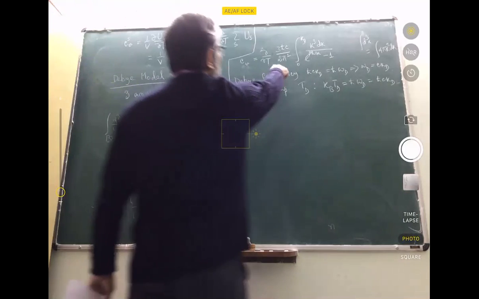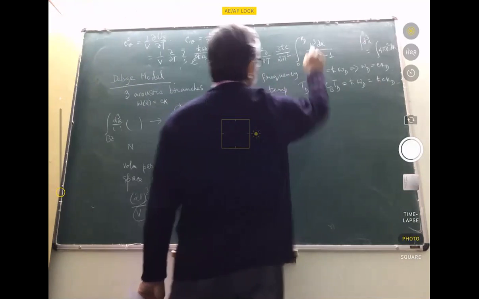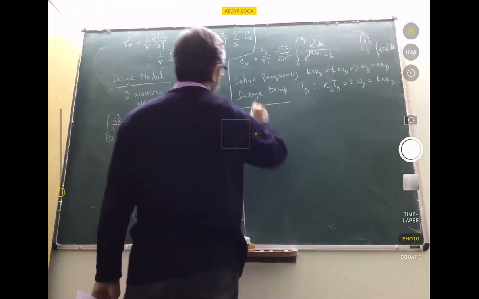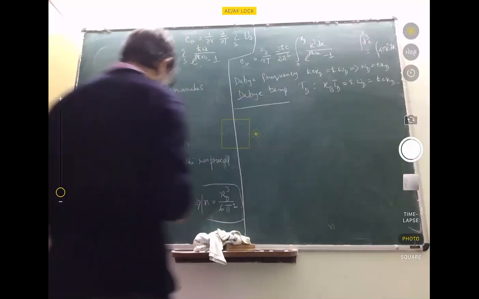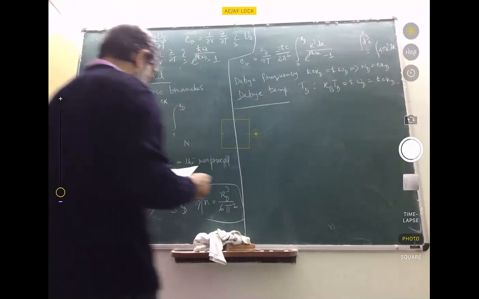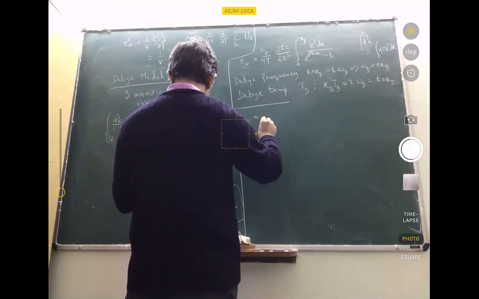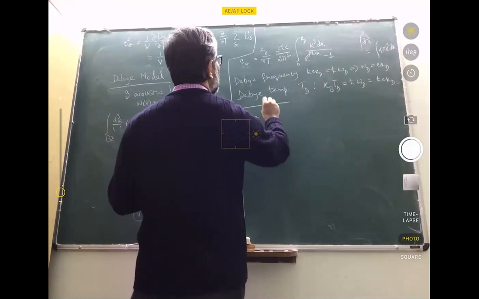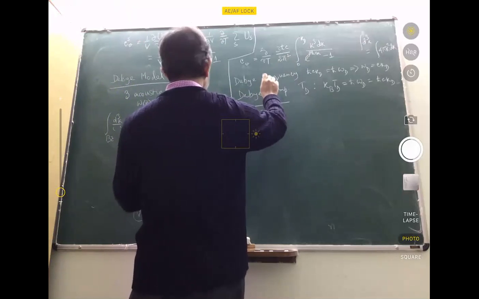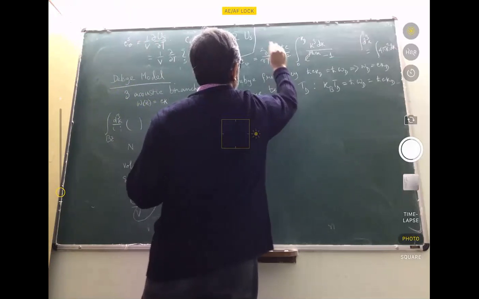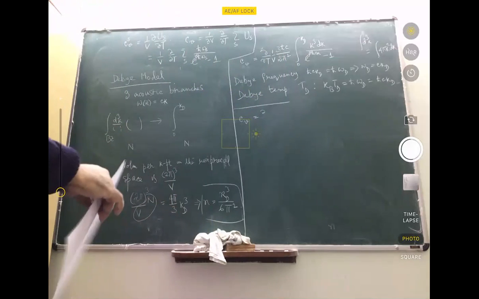So we'll use this. The only temperature dependence that comes here is in this term. So therefore, what you have to do is take the temperature derivative, and what you get is, okay, there has to be a factor of 1 over V, because we are defining it per unit volume.